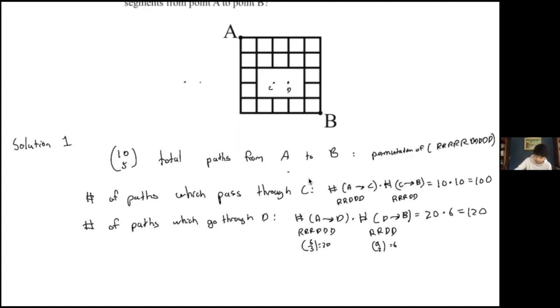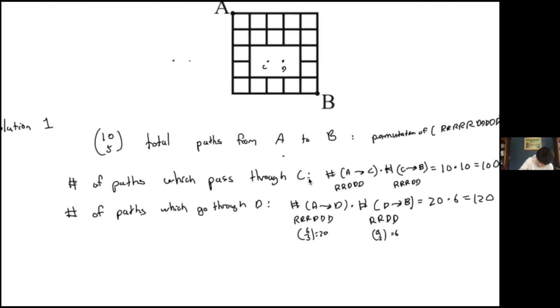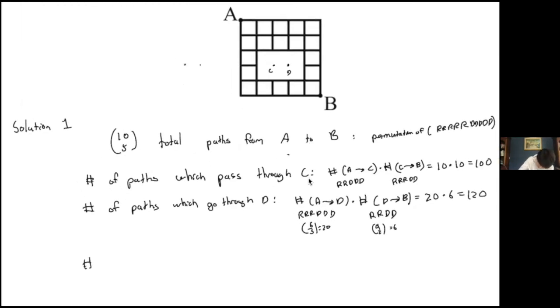And then finally, we calculate the number of paths which pass through both, so we can use the principle of inclusion exclusion.